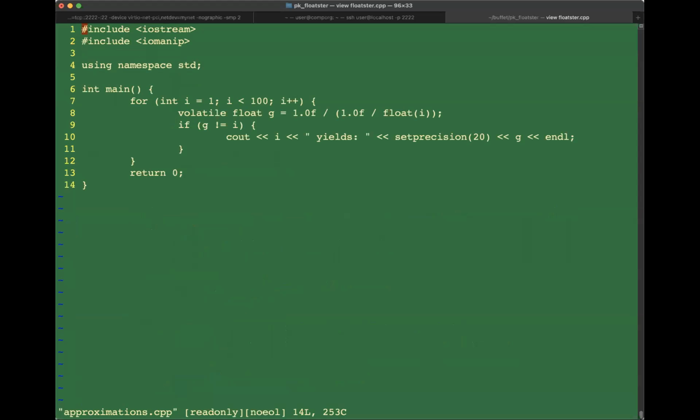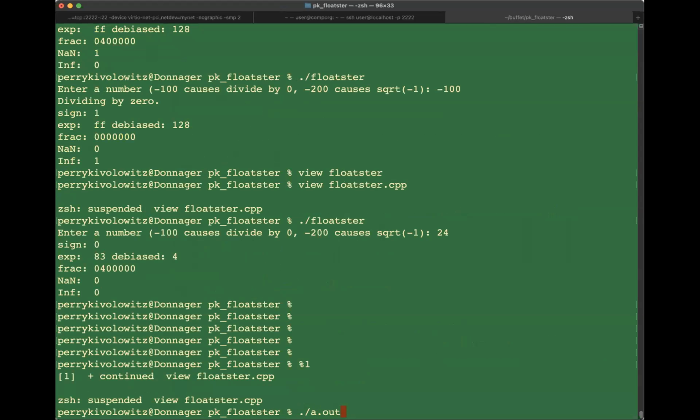And there's something interesting in here. Let's run the program. It's going to count from 1 to 100, and it's going to tell us which numbers are matched exactly in single precision and which numbers are only approximately correct.